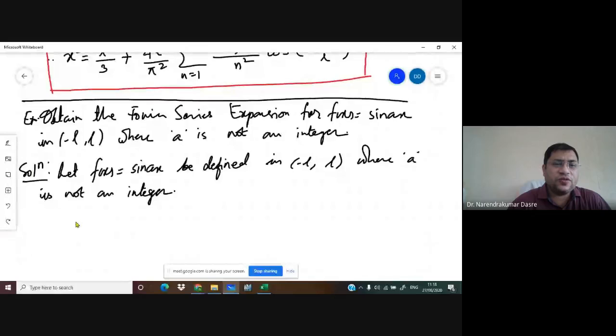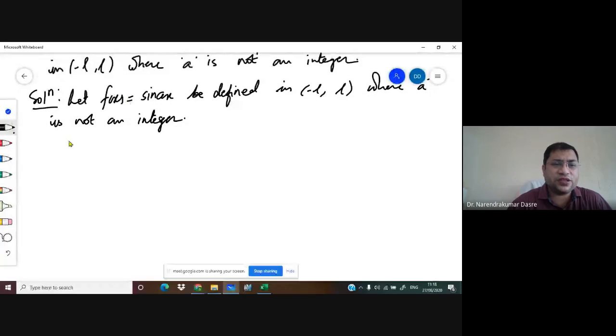Cosine function is an even function. And we have taken the example of sine function. So sine function is an odd function. Okay, so that's why we have here sine of ax, that is going to be an odd function. Okay, so once you identify that it is going to be an odd function, then you are able to write it directly.